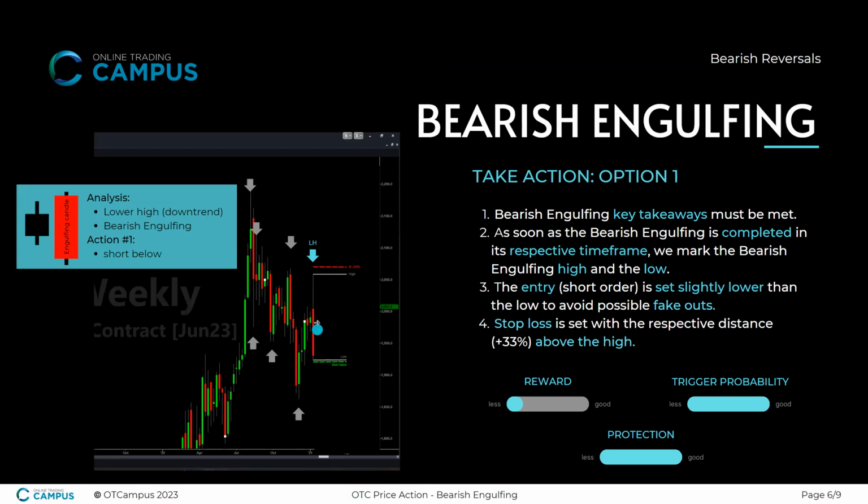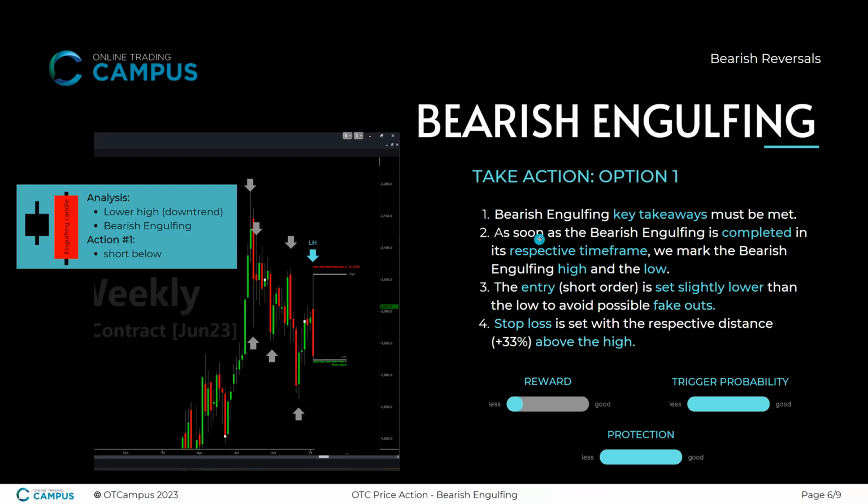And of course, it's not the low, the close of the bearish engulfing is important. The close of the bearish engulfing has to be lower than the previous candle low. Okay, that's important. Analysis: lower high. We're in the lower high area. We have a downtrend here. We create a bearish engulfing, action short below.